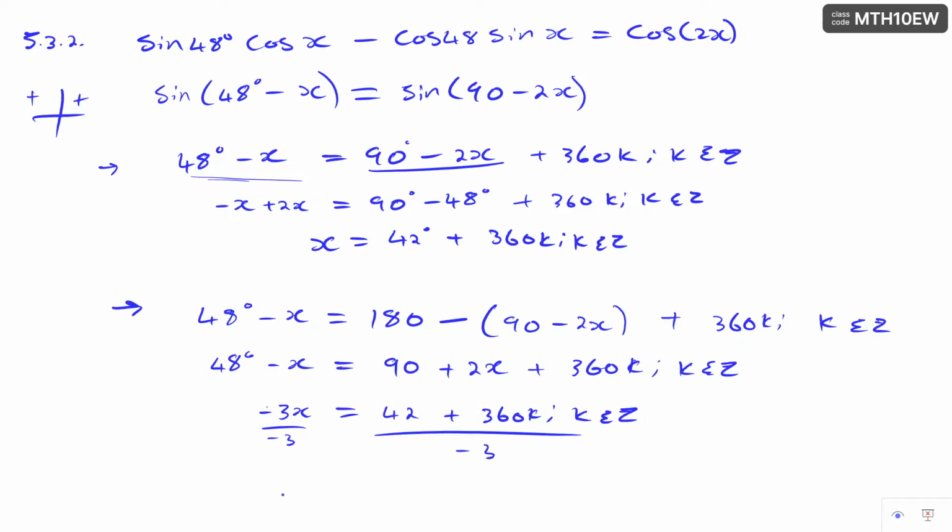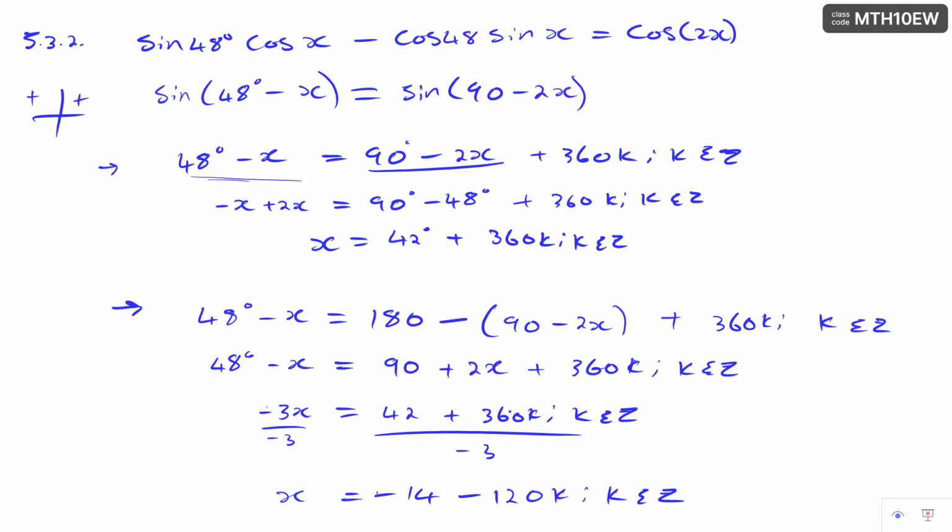So our answer is going to be x is equal to 42 divided by negative 3 is negative 14, minus 360 divided by negative 3 is negative 120k, where k is an element of the integers.